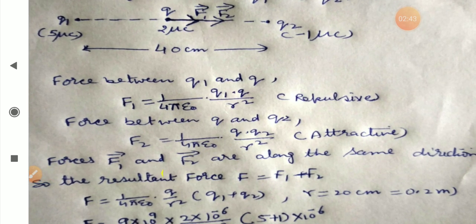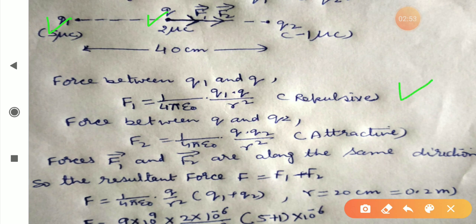The force between Q1 and Q is given by this relation: 1 upon 4 pi epsilon naught Q1Q upon R square, and the force is repulsive. Force between Q and Q2 is F2, 1 upon 4 pi epsilon naught Q2Q upon R square, and it is attractive force.